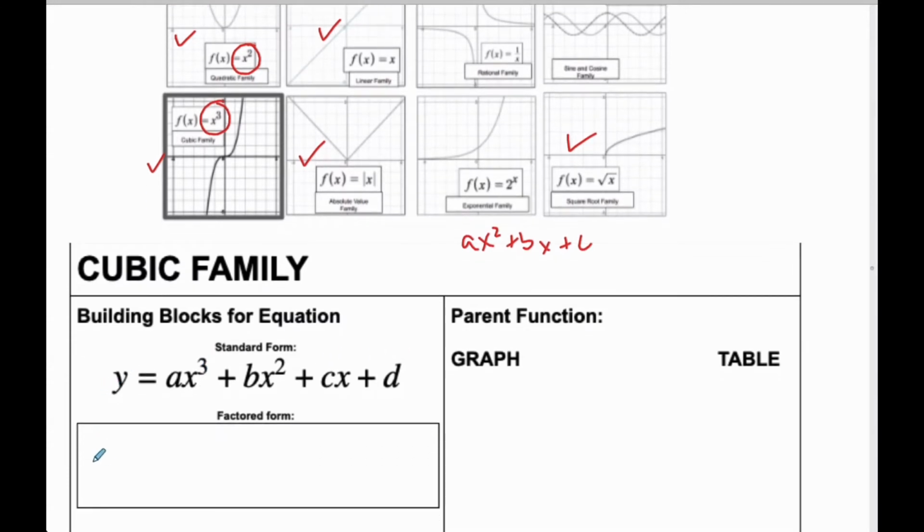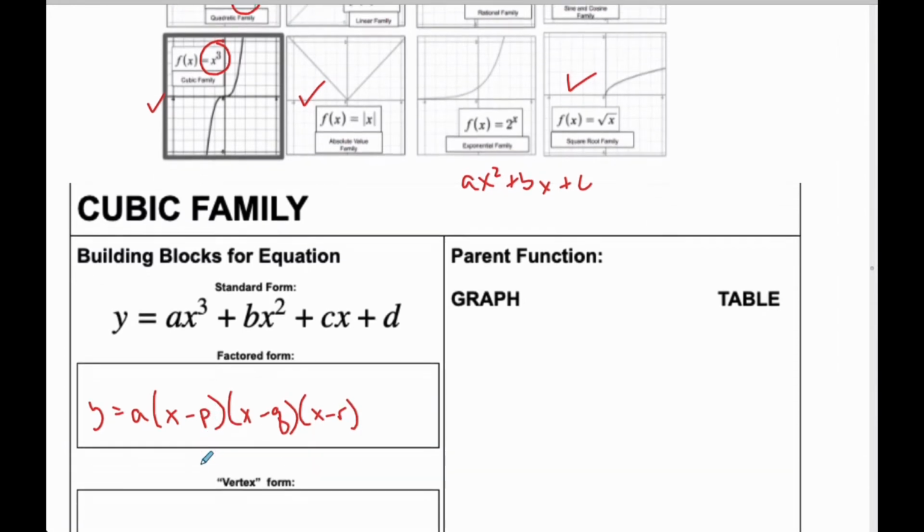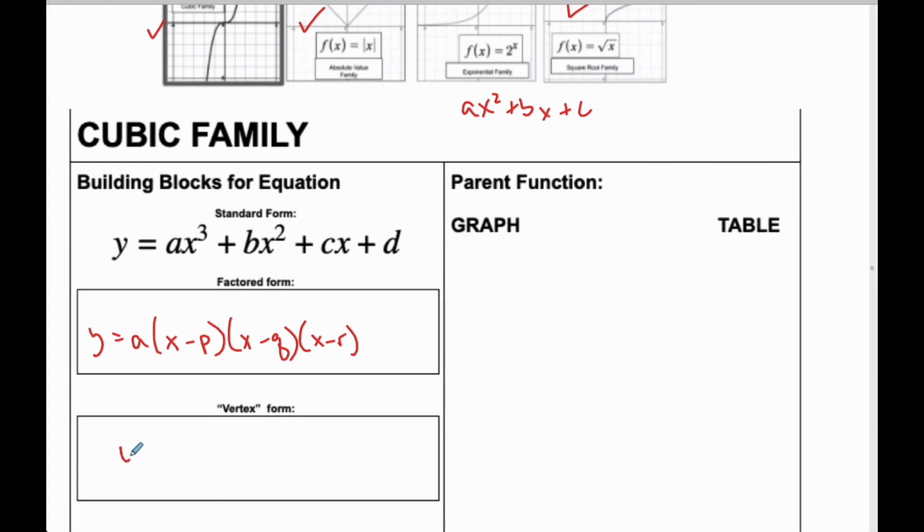We could also write cubic functions in factored form, and we get a in front always, and it's x minus p, x minus q, and x minus r, where p, q, and r are the x-intercepts. But we can also do what we call a vertex form, where it's a times x minus h cubed plus k.